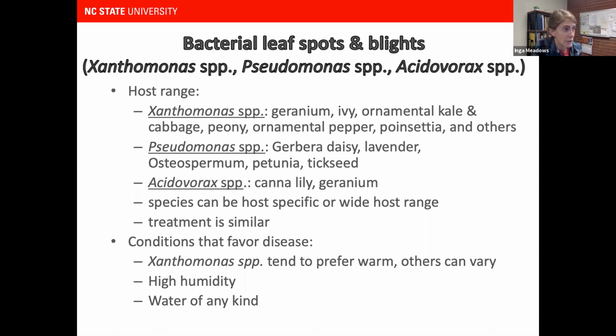Pseudomonas we generally see on gerbera, daisy, lavender, osteospermum, petunia, etc. Acidovorax we've seen on a couple species of plants. And species within each of these genera can be either host specific or have a wide host range. It just depends on the pathogen and the host.